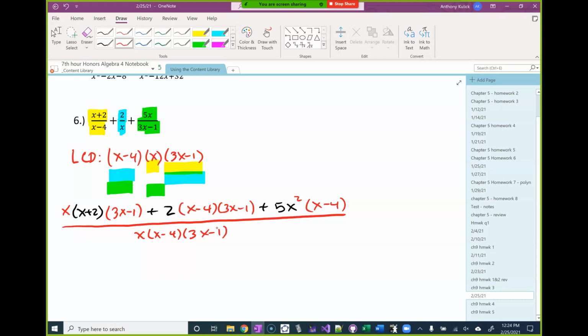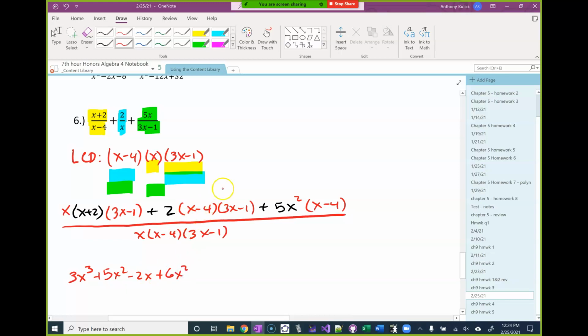So let's see, we should get 3x cubed. And then I have a 6x minus x, so that's 5x squared. And then minus, and then I have an x squared, so 6x squared.